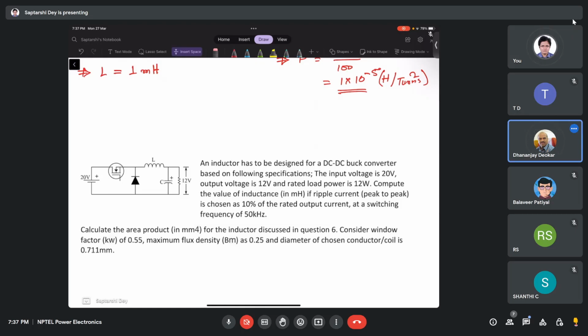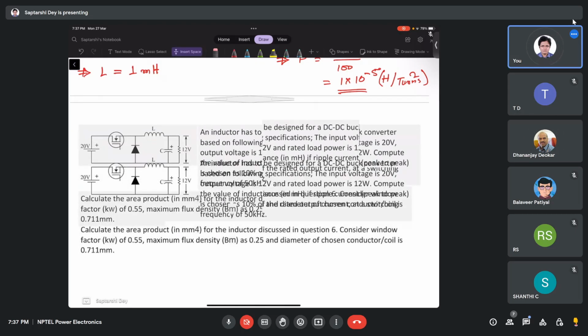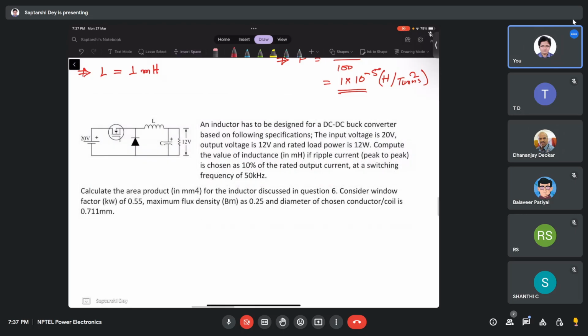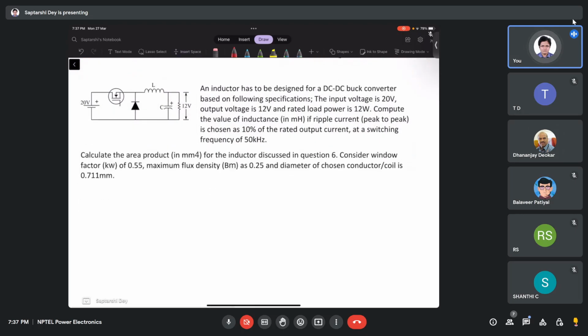Okay, now some real design problem maybe. An inductor has to be designed for a DC-DC buck converter based on the following specs: the input voltage, output voltage, rated load power. Compute the value of inductance in ripple current. Anyway, about switching frequency, we could have shown in the problem that switching frequency directly affects the size of inductance.